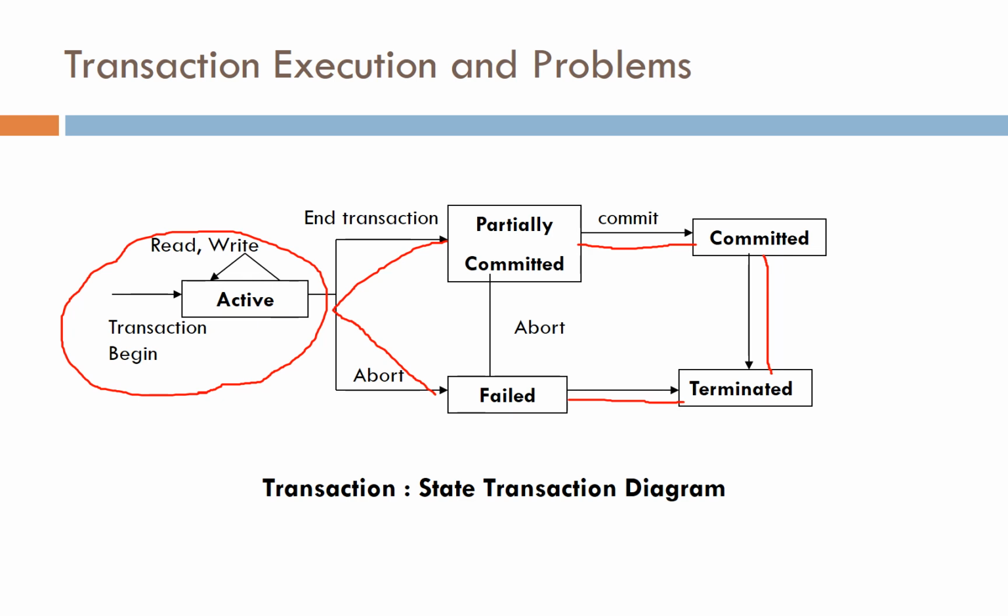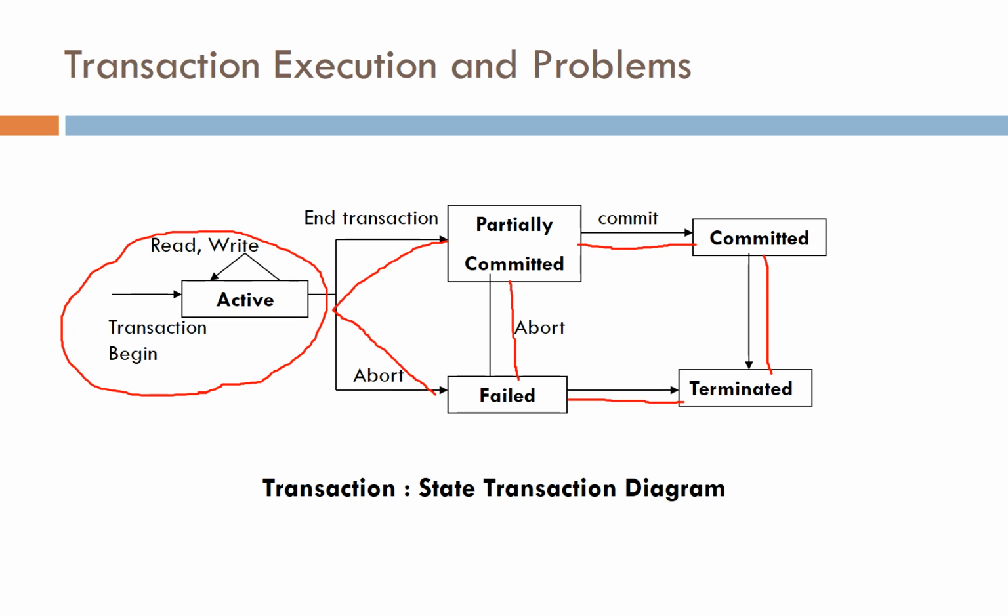Another situation is possible: after the active state it goes to partially committed, and then if some problem or error occurs, it goes to the failed state directly from the partially committed state, and these changes will not be permanently stored, so it is not going to enter a committed state.